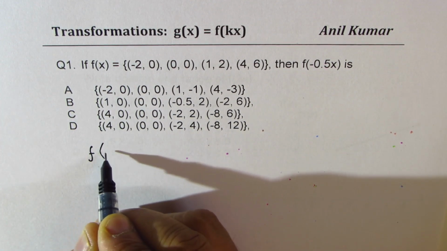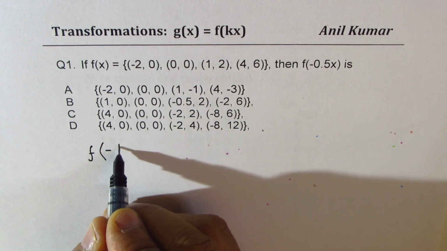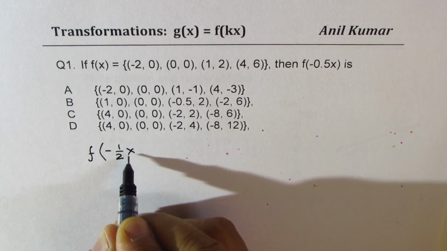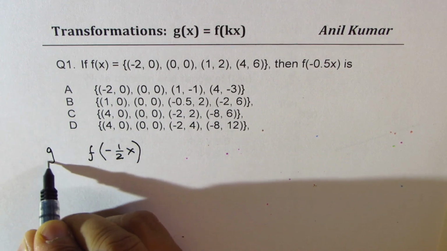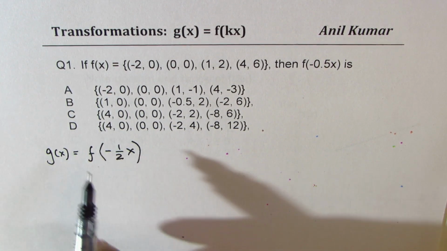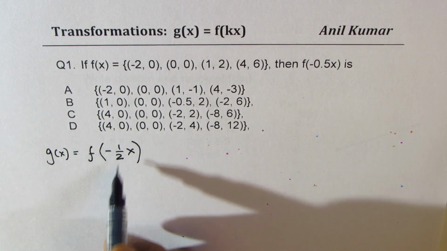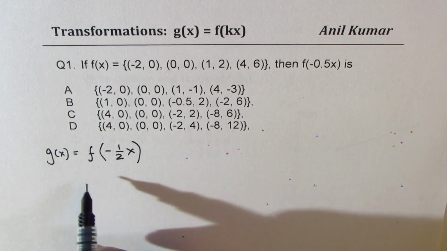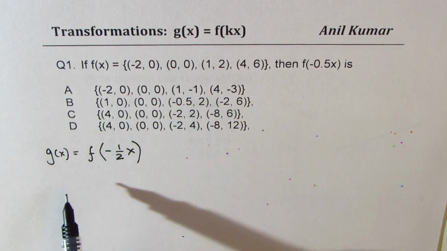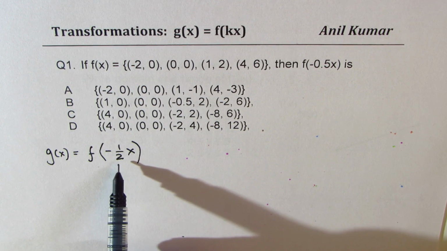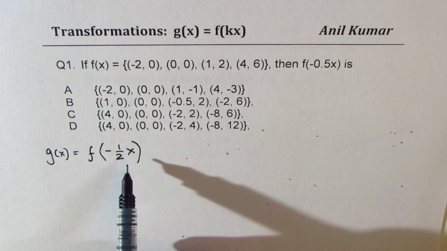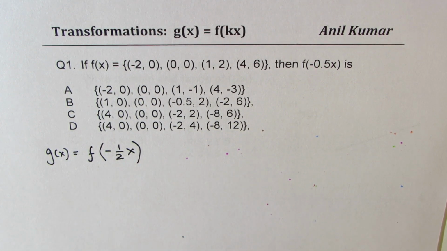Minus 0.5 is minus half, right? So you're looking into this function. So g of x is equal to f of minus half x. Now that will result in a change of values of the x coordinate, not the y, right? So based on that, you can make a selection and then look into my suggestions.